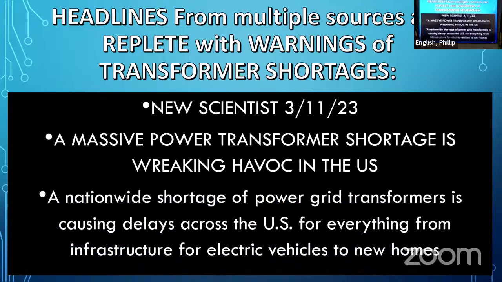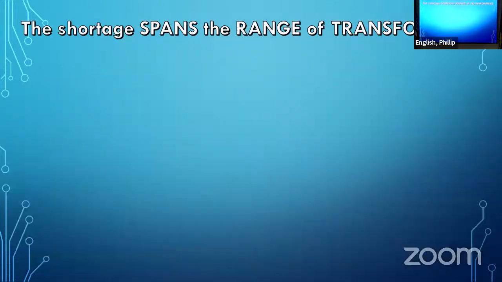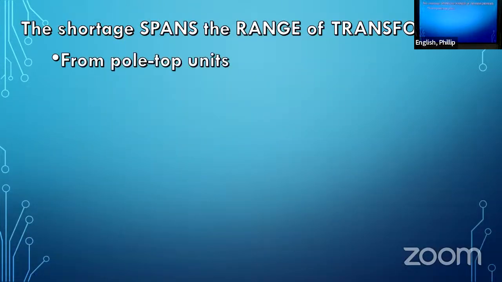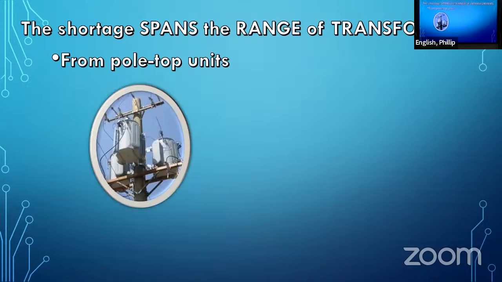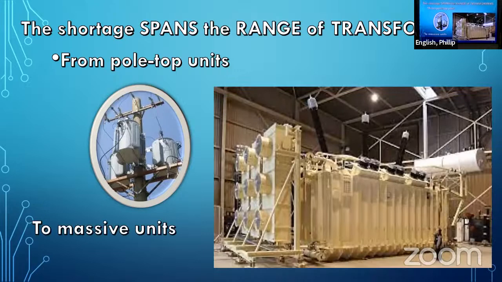In the text, a nationwide shortage of power grid transformers is causing delays across the United States for everything from infrastructure for electric vehicles to new homes. And the shortage spans the range of transformers from pole top units that you have no doubt seen to massive units. A shortage of both.